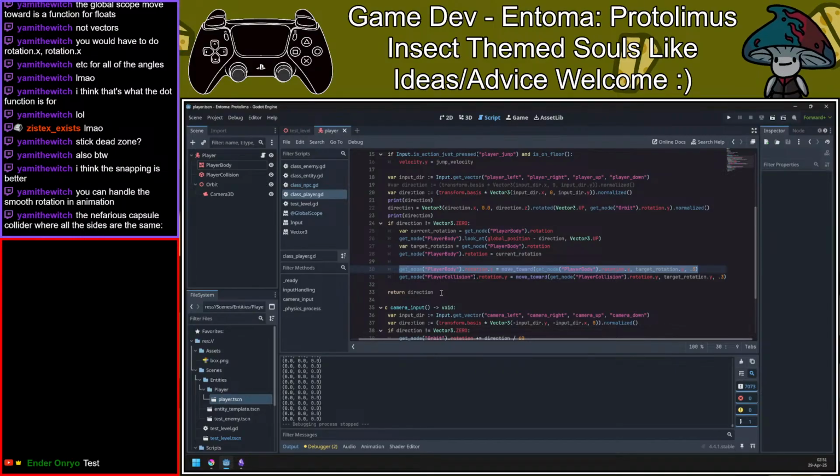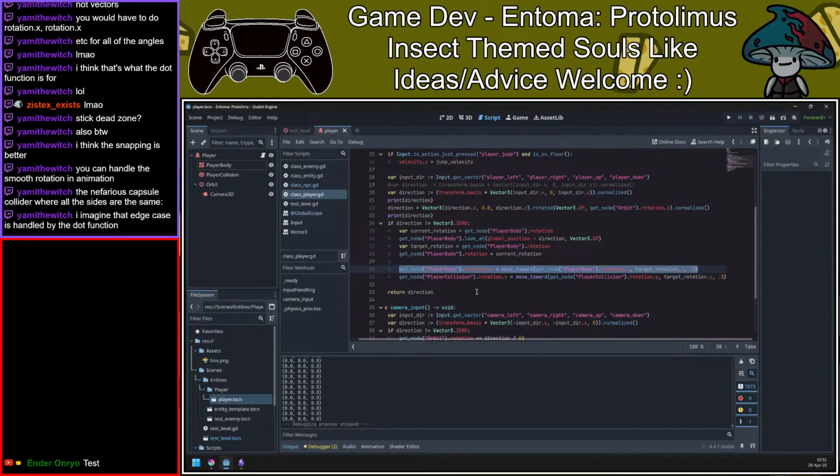Hmm. That edge case is handled by the dot function. But the dot function doesn't do anything.